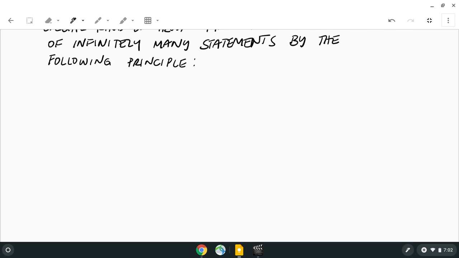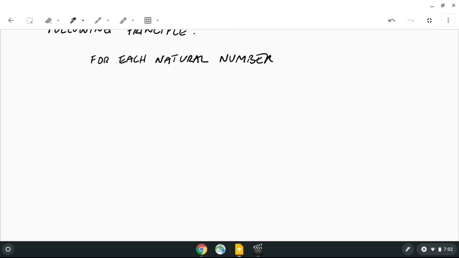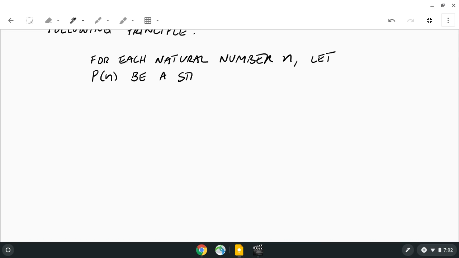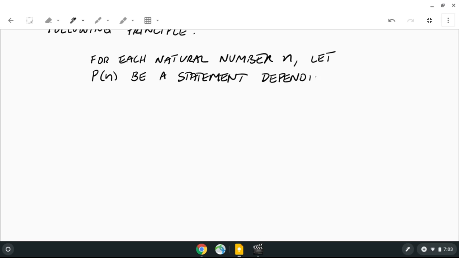Okay, so let's take a look here. For each natural number n, let P of n be a statement that depends on n.